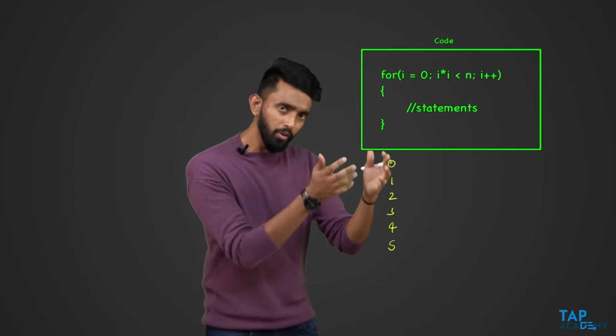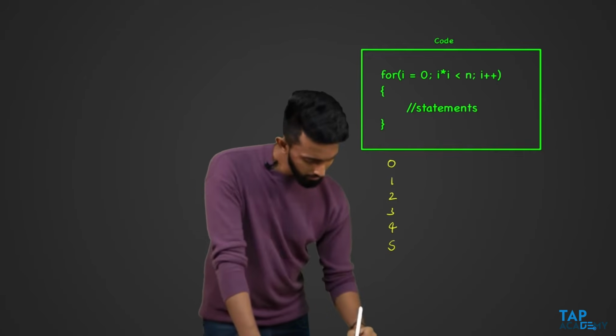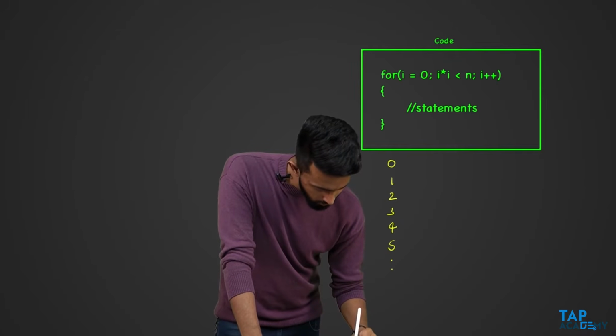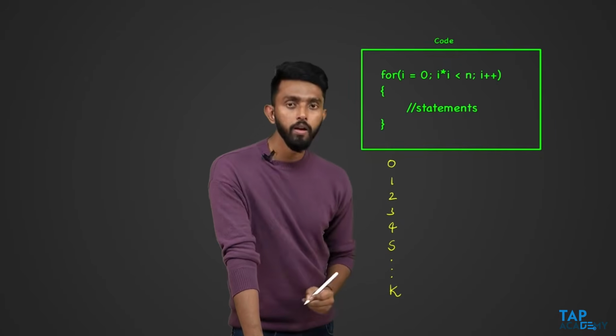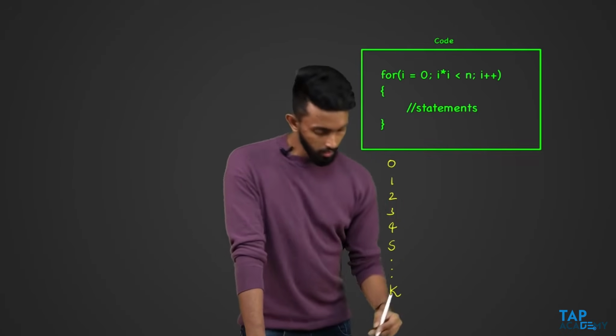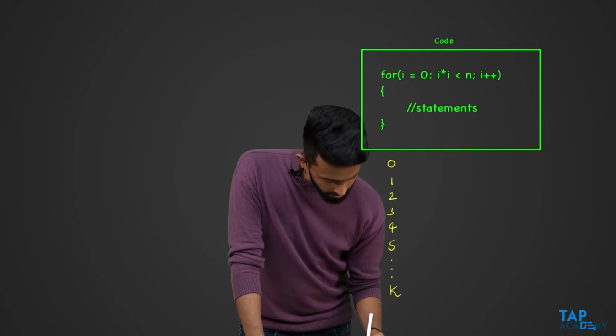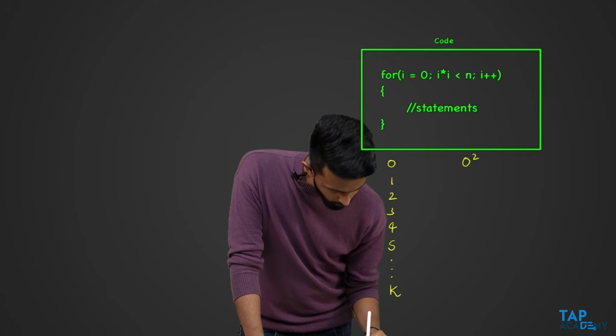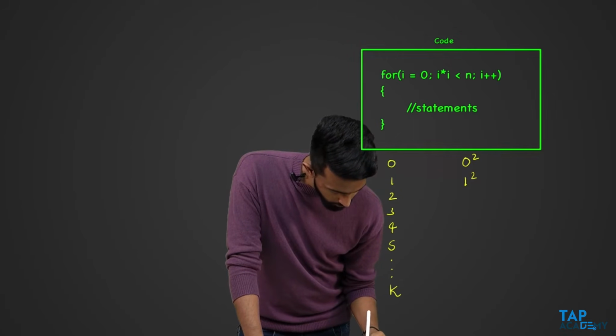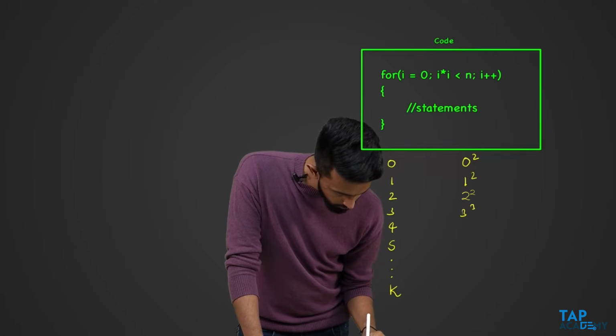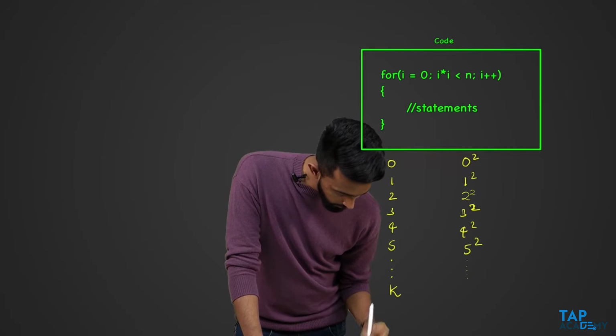Now, I do not tell where it will go, but I can in general say that it will go till k. Now, every time you are checking a condition, which is if i is 0, 0 into 0, which means I can say like this: 0 square, then 1 square, 2 square, 3 square, 4 square, 5 square, like that.